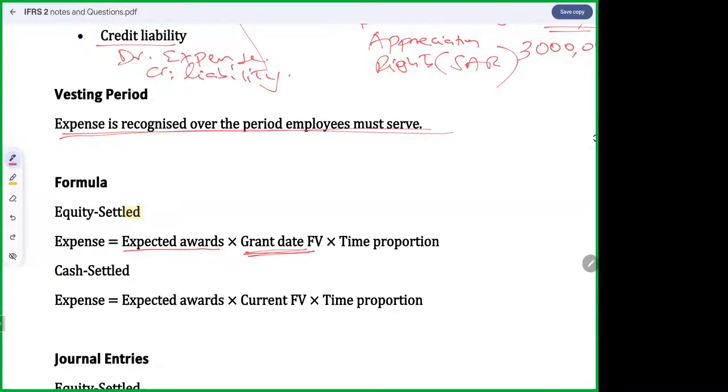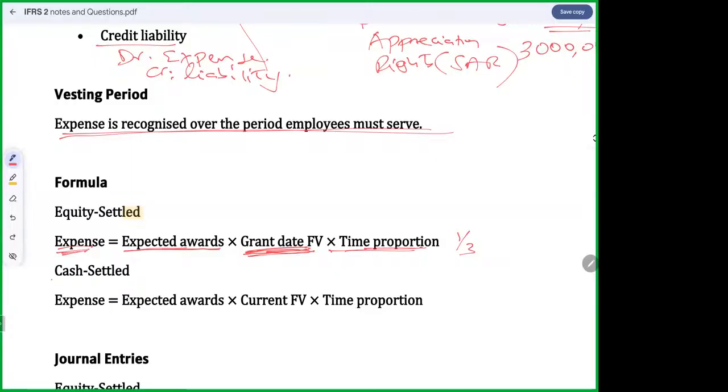Grant date fair value is what will apply throughout. If they're going to give you shares, the date we made that promise, the market value that was applicable by then is what we shall use throughout. So the expense for the period will be expected awards times grant date fair value times time proportion. For example, if the vesting period was 3 years, it will be first year 1/3, second year 2/3, third year 3/3.